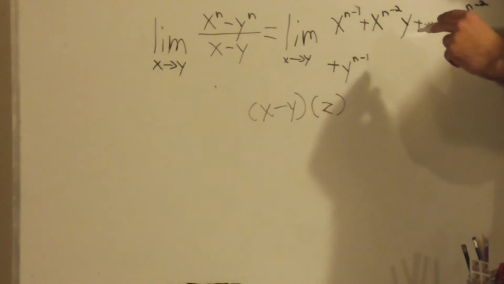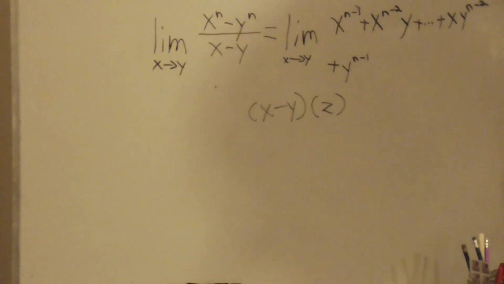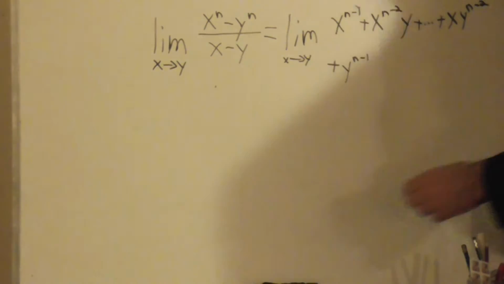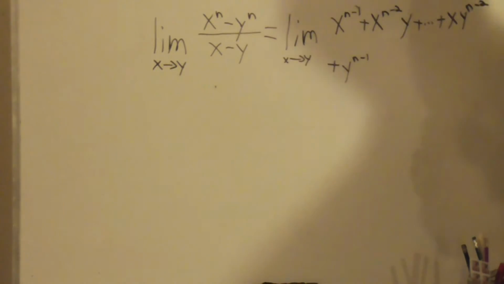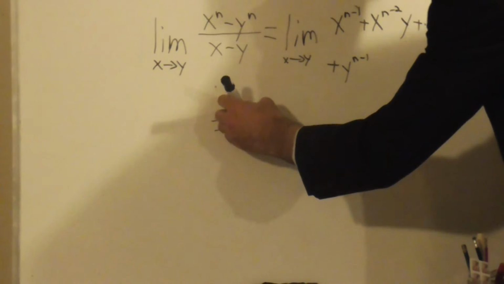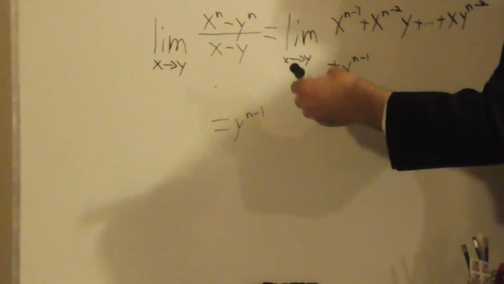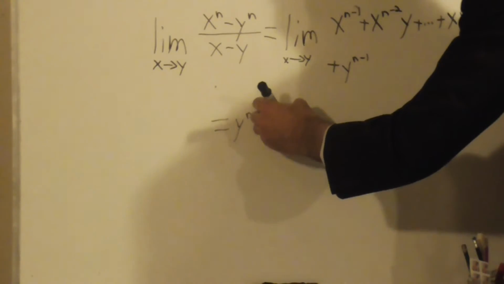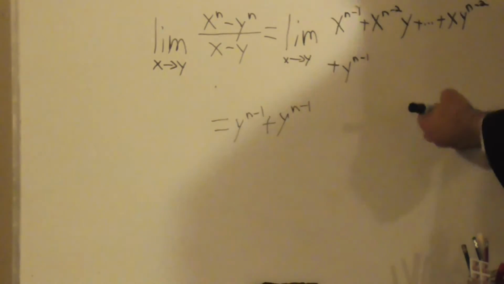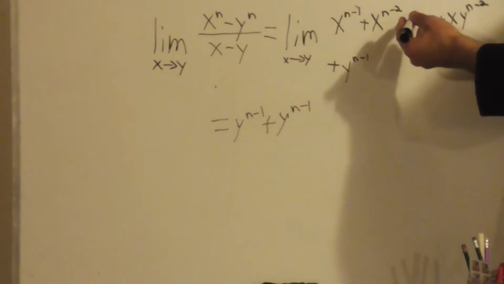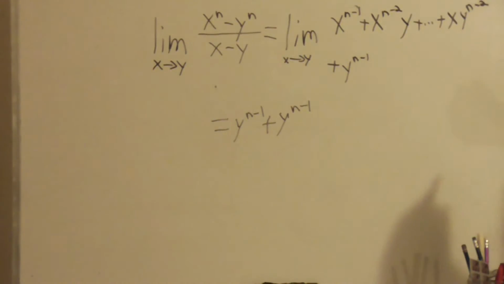Now, once we have this factorization, we can do the same thing we did in the previous problem, and just plug in the answer. So we plug in y, and what we get is y to the n minus 1 plus y to the n minus 1, because here we have x to the n minus 2 multiplied by y, so y to the n minus 2 multiplied by y is y to the n minus 1.